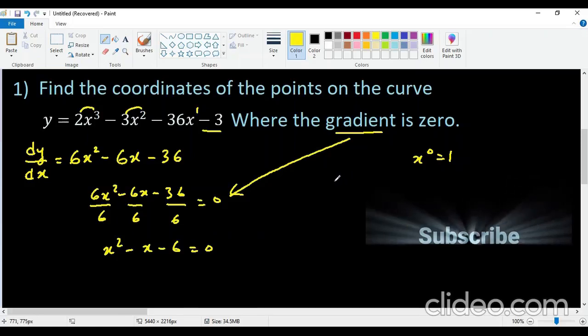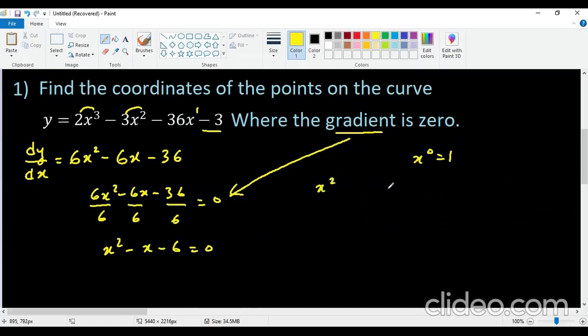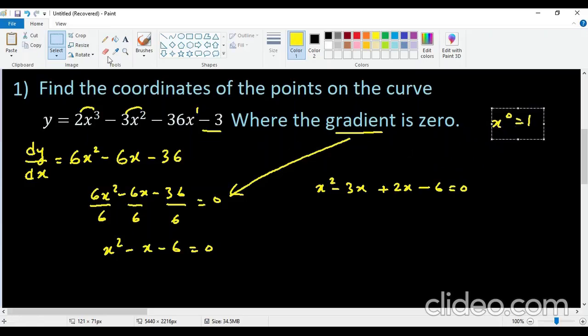We are factorizing this, and I know very well that minus 3x plus 2x is going to give us minus x, according to the given question. It says x square minus x minus 6 equals 0.